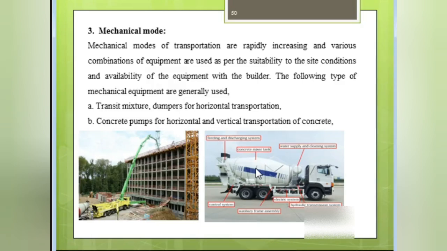This is pumpable concrete. When the concrete comes from the RMC plant, through pumping you can transport your concrete to a particular level of the building. That is called a transit mixer, and concrete pumps are used for such type of concreting.